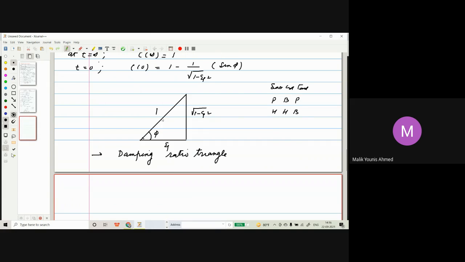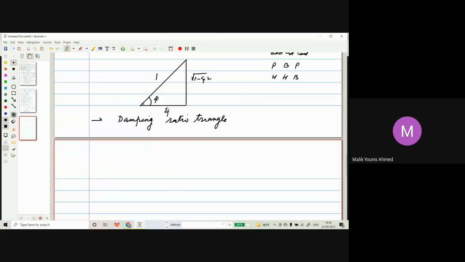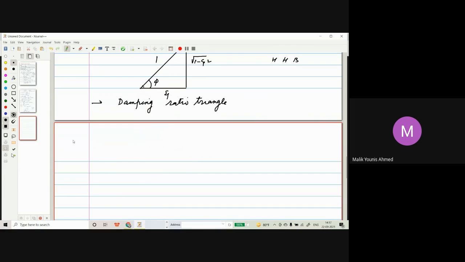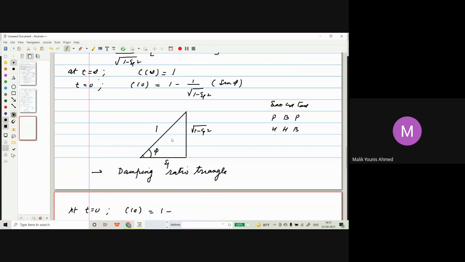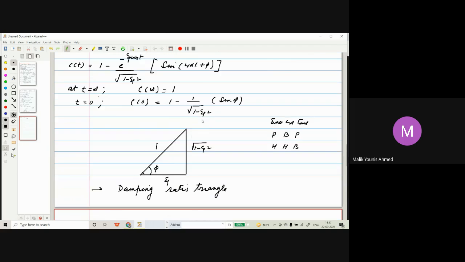So when we are talking about C of 0, I can further write it at t equal to 0. C of 0 will be 1 minus 1 divided by under root of 1 minus xi square into sine of phi.